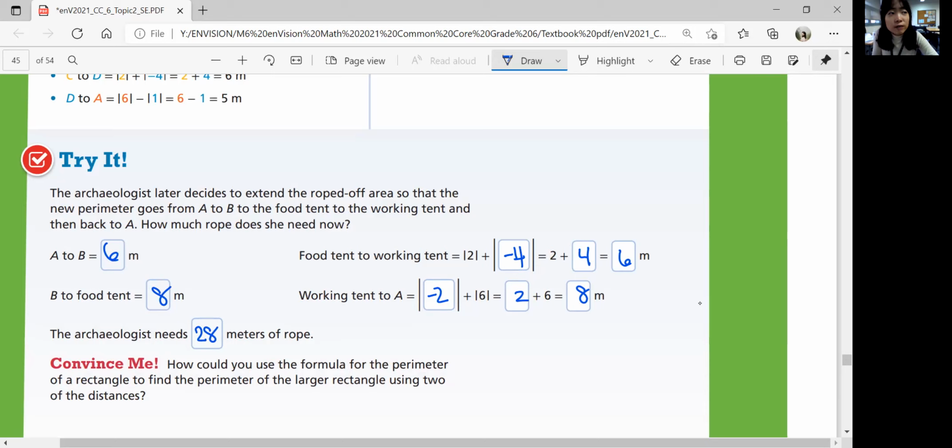So how could you use the formula for the perimeter of a rectangle to find the perimeter of the larger rectangle using 2 of the distances? Okay, which formula? You're going to use the formula for the perimeter, right? What was the perimeter formula that you used? 2 times the length plus 2 times the width, or length plus width plus length plus width.